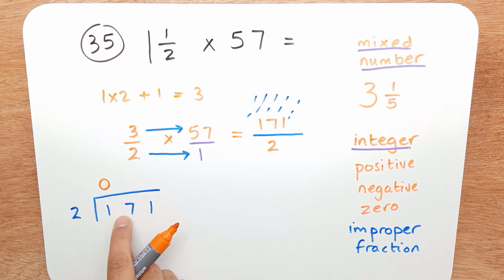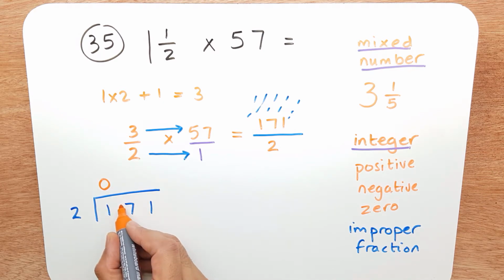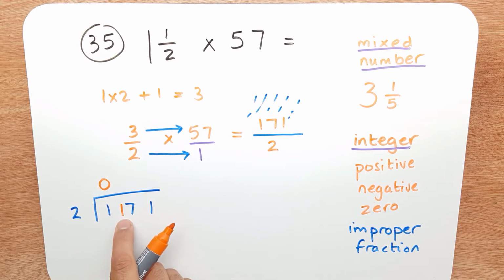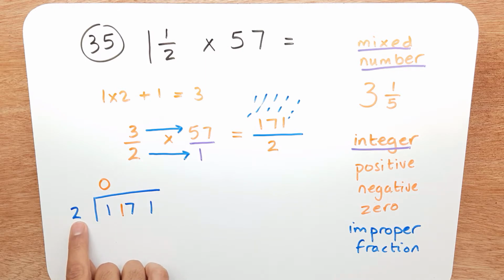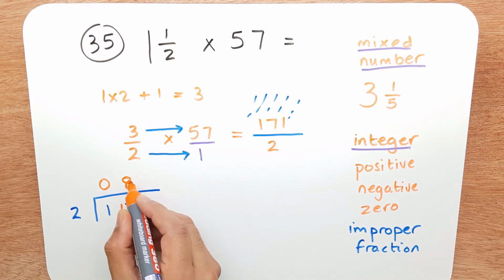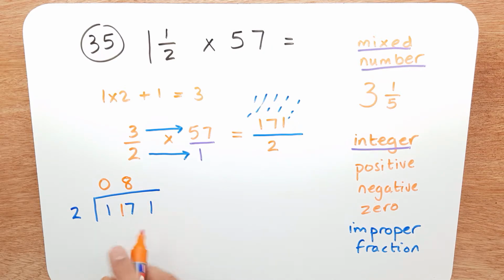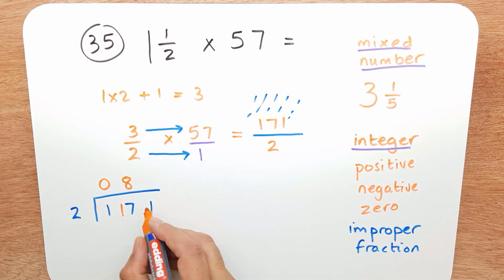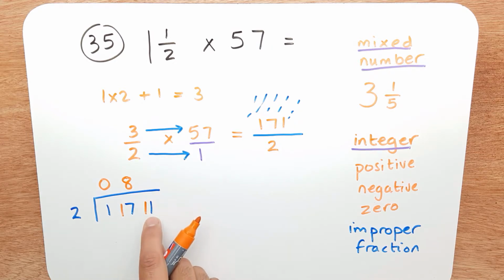So we carry the 1 over, because we've not used that, to the 7. And that 7 becomes 17. So now it's, how many 2's are there in 17? That is 8, remainder 1. And the remainder gets carried over, and that one becomes 11.